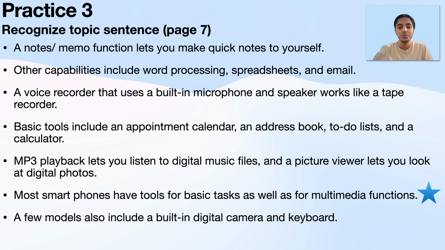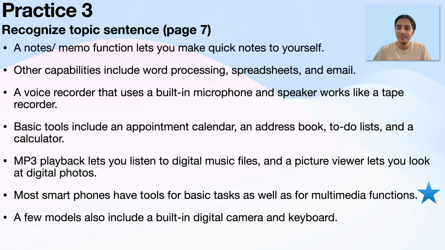Here, I want you to recognize the topic sentence. What is the topic sentence? A note memo function lets you make quick notes to yourself. Other capabilities include word processing, spreadsheets, and email. A voice recorder that uses a built-in microphone and speaker works like a tape recorder. Basic tools include an appointment calendar, an address book, to-do list, and a calculator.